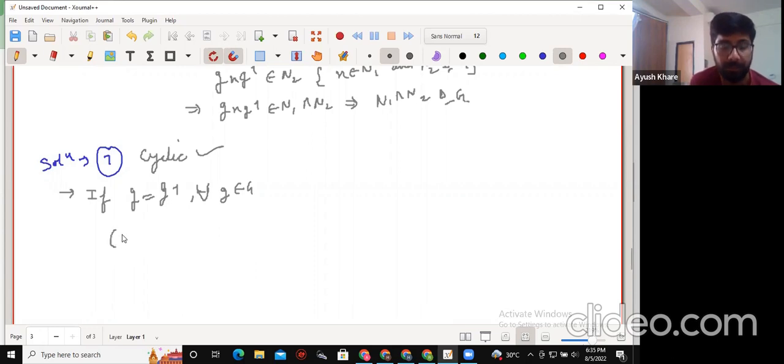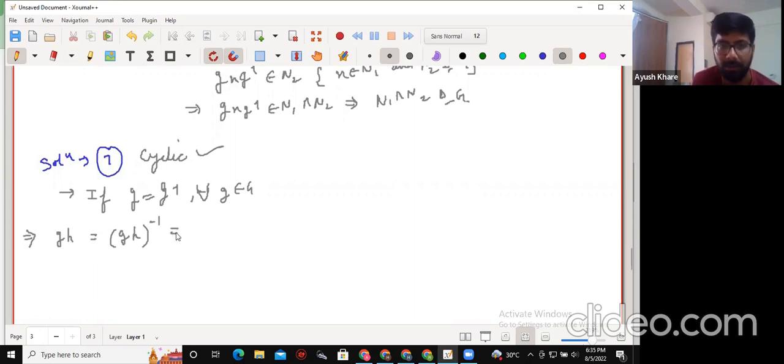So what we have: (gh) inverse is equal to gh. Why? Because of this first condition. g and h both are elements of this capital G, so for gh also this will hold true.